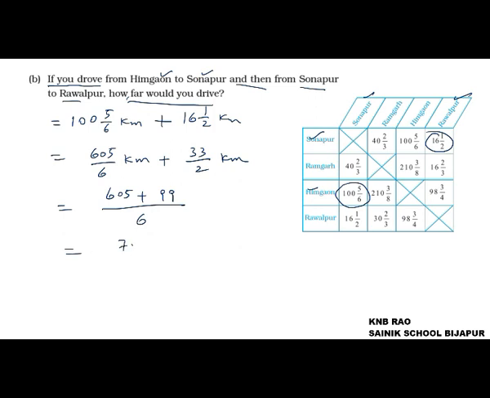So 704 by 6, which is equal to 352 by 3, or it can be written as 117 1/3 kilometer. This is the total distance you have driven.